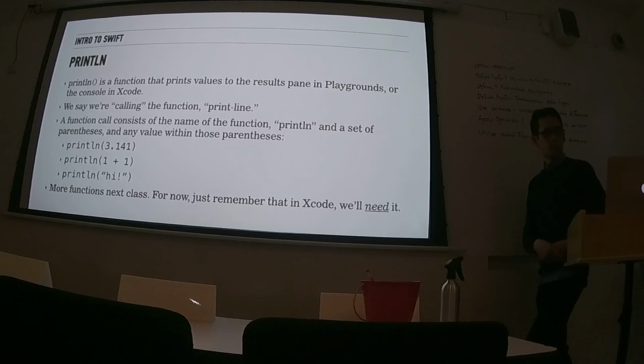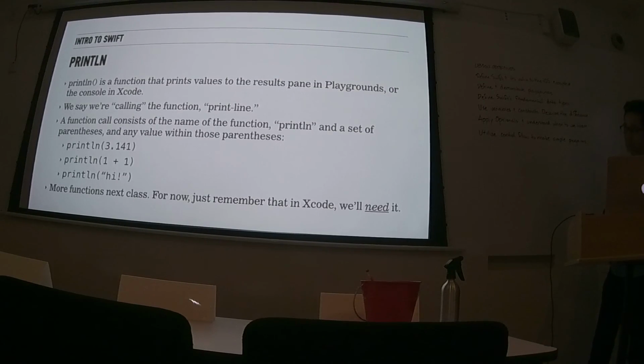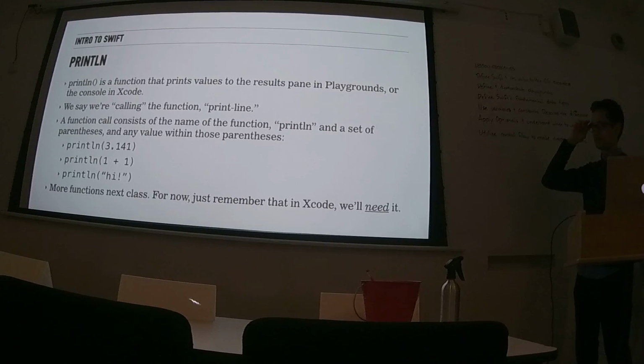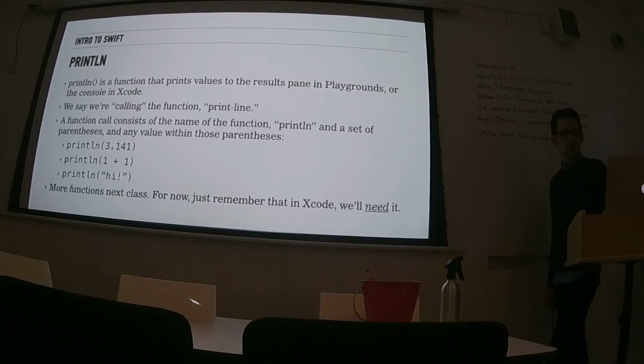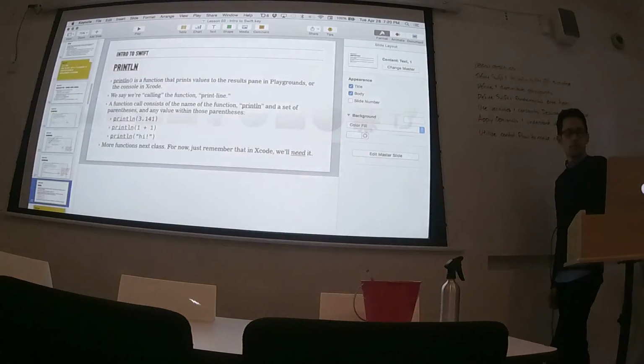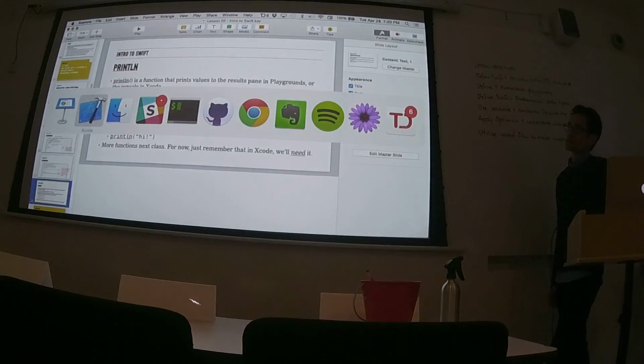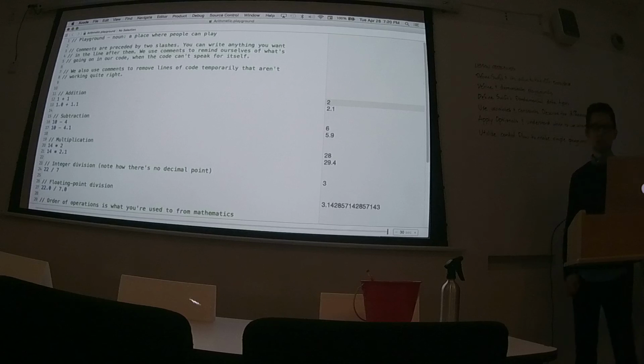And the name of the function, when we say it out loud, is println. So whenever you hear me say println, it means these set of characters, println. Okay, let's open up the playground and see exactly what I mean.